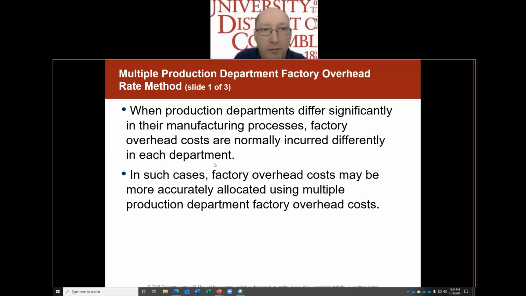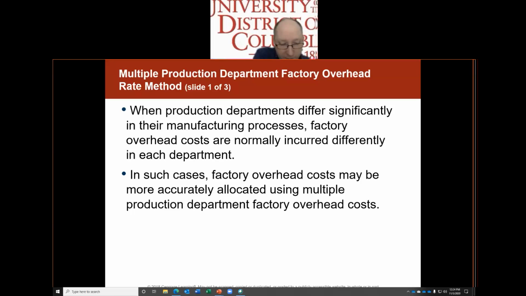Now let's talk about multiple production departments using factory overhead rate. So when there's multiple departments, there's going to be significant differences in the manufacturing process. It's going to take me a different amount of time.